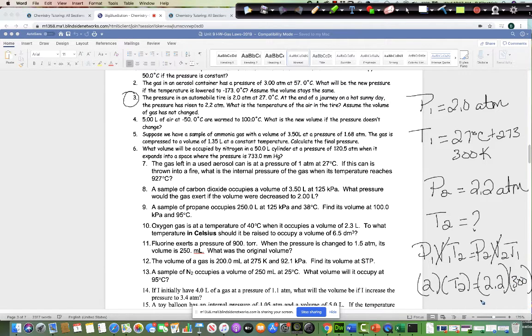So 2.2 times 300 is equal to 660. So 2 times T2, divide both sides by 2, and you're going to get 330 for that. And that's going to be 330 Kelvin.